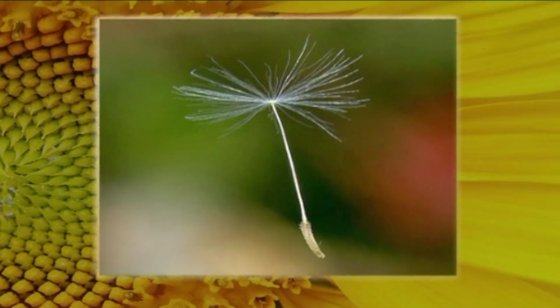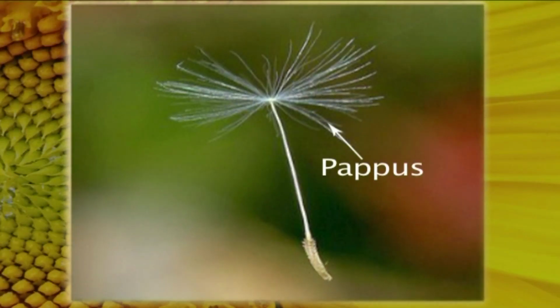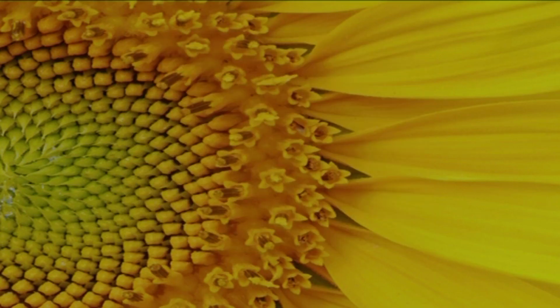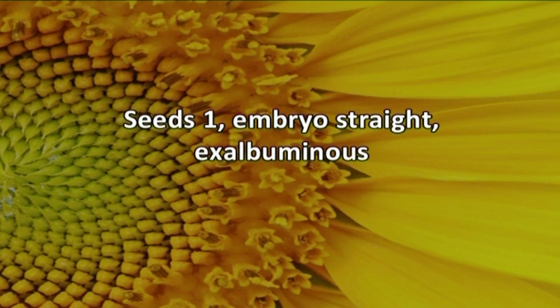Sometimes this fruit can be flattened, winged, or spiny. In some taxa, an elongate beak is formed between the fruit and the pappus. The seed here is single, embryo is straight, and endosperm is scanty. That's why it is called exalbuminous.